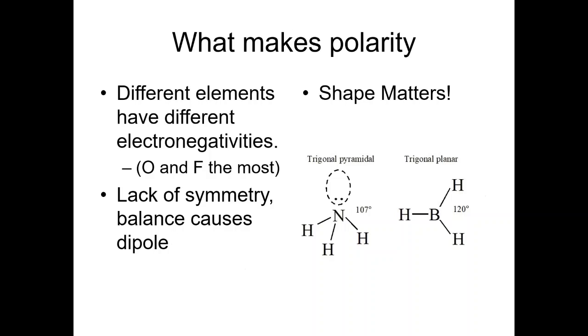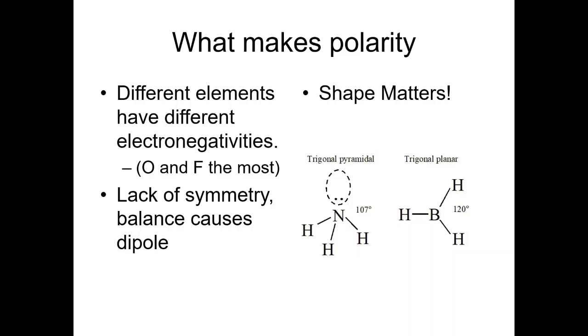All right, remember that our different elements have different electronegativities. Fluorine is the most, but we don't deal with fluorine a whole lot. So oxygen is the second most, and that's the one we really look for to see some differences in electronegativity. If there is oxygen or something near oxygen like nitrogen, and it is not evenly spread out or centralized, then it can cause some lack of symmetry that is going to cause polarity.